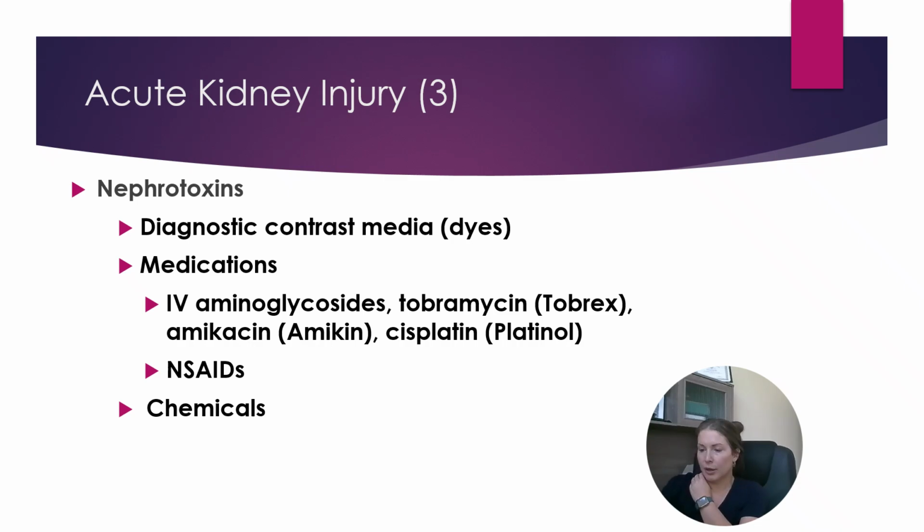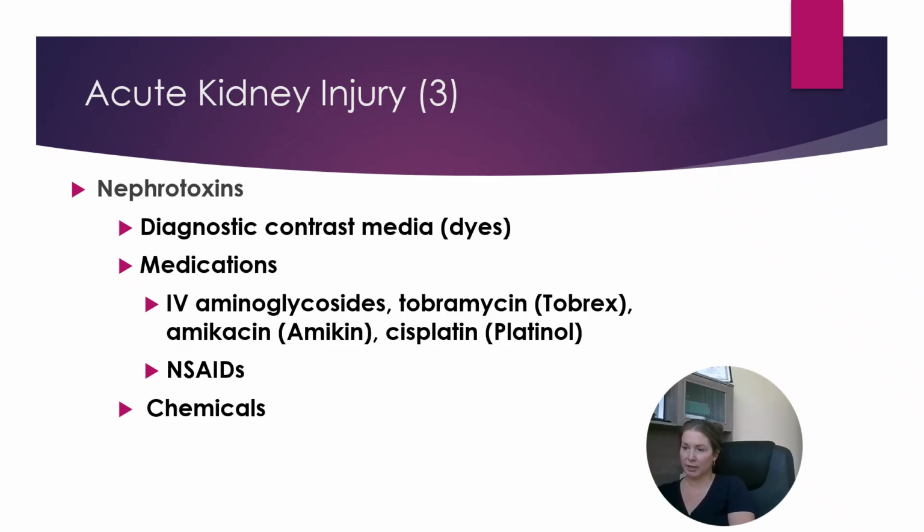Nephrotoxins. So a nephrotoxin is our IV contrast dyes that we use for our imaging. It can cause contrast-induced nephropathy. I have a really hard time with that word. So that's when we have that rapid rise in creatinine. Okay.